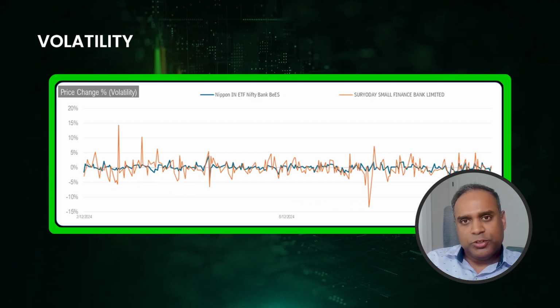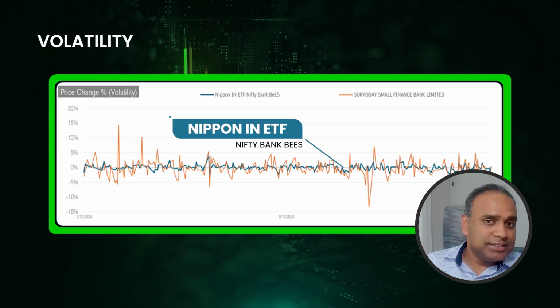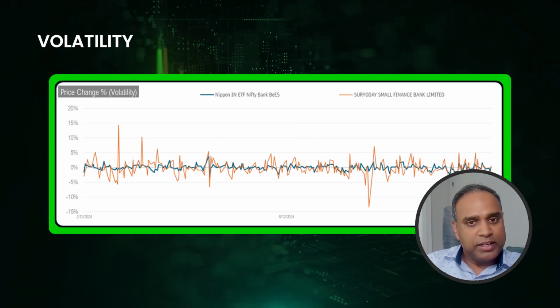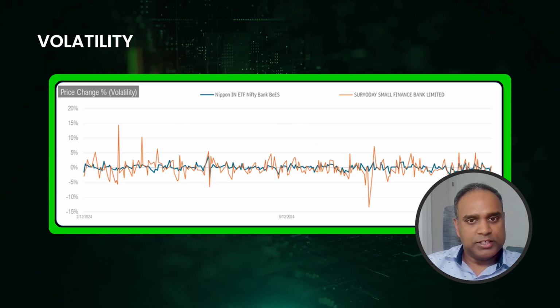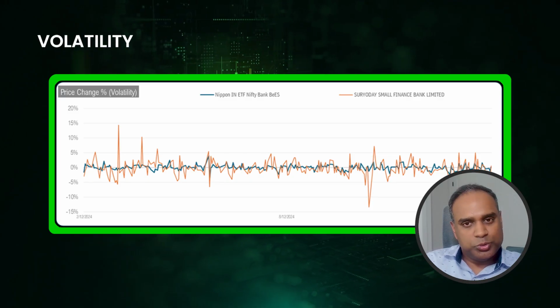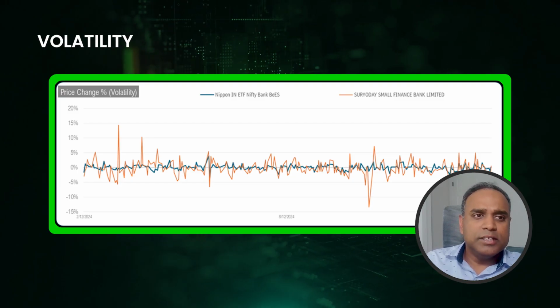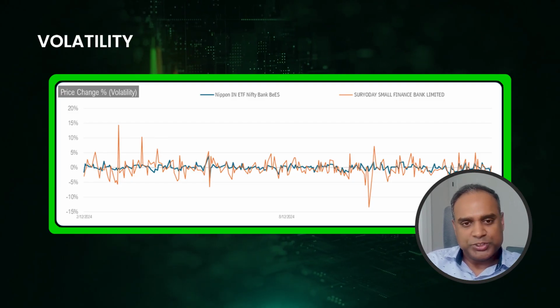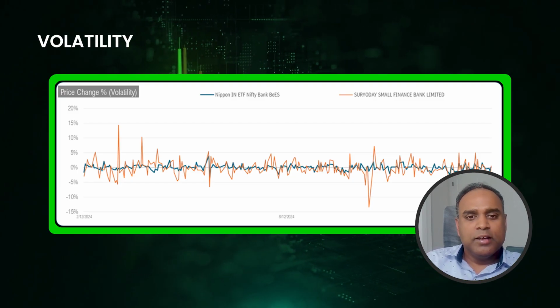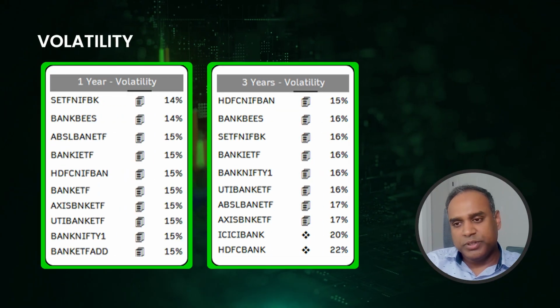So compare that to the ETF, where the blue line is fluctuating less. It is fluctuating, but it's fluctuating less compared to the orange line. So you can see here the volatility or the fluctuation is different for different banks or stocks. Now, this is what we are measuring. So let's say we measure this volatility over different time periods: within the last 1 year, the last 3 years, the last 5 years.